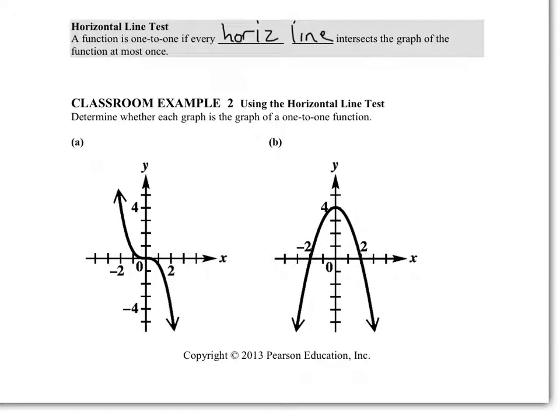So here are a couple of quick examples for us to observe. On the graph to the left, on A, if we very quickly check our vertical line test, we would see that yes, it is a function. What I want you to pay close attention to is this area right in here.